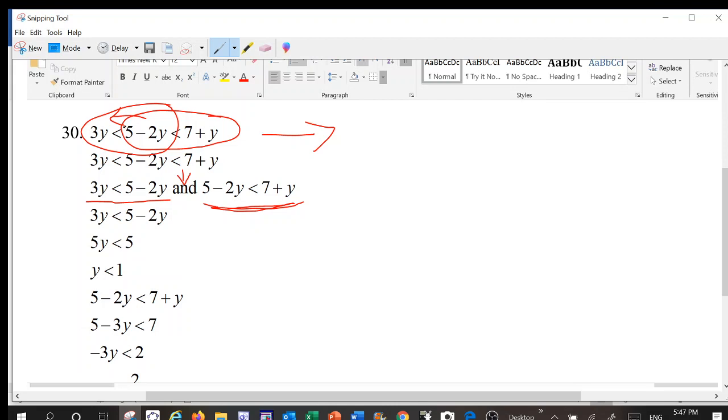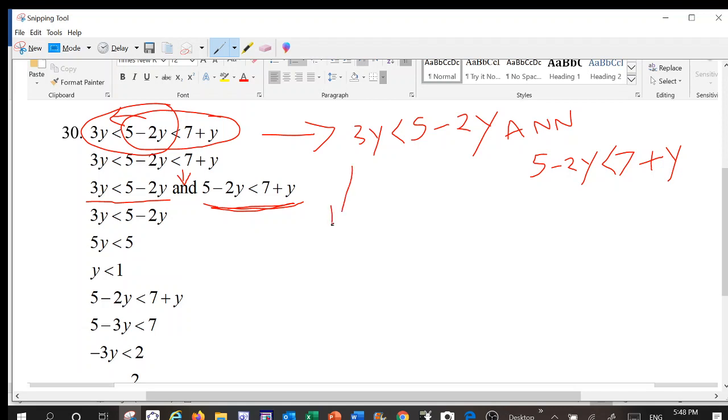Okay, so we have to solve these separately and see what they have in common. So let's do that. 3y less than 5 minus 2y, and we have to do 5 minus 2y less than 7 plus y. Okay, so let's solve this over here.